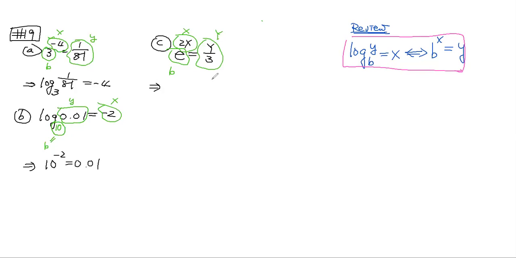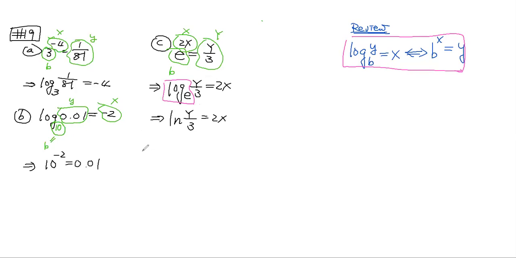So now let's change that: log base e of y/3 equals 2x. One more step: what is log base e? We can write it as the natural log. So it's the natural log of y/3 equal to 2x.